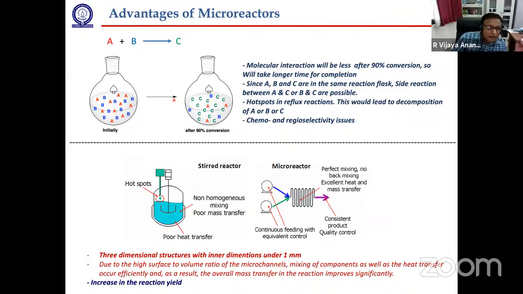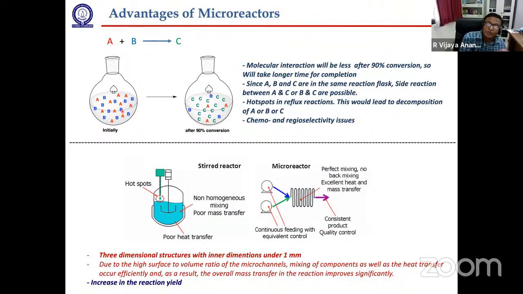So in a batch reaction, the primary alcohol and the secondary alcohol are both in contact with B. So there is a possibility of a side reaction. The primary alcohol and secondary alcohol both will react. Of course, the primary alcohol has more reactivity, but still the concentration of B is very high, or B is in very close proximity to the secondary alcohol.